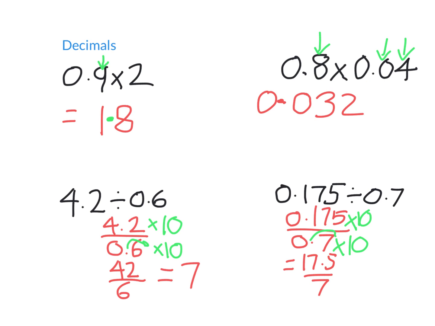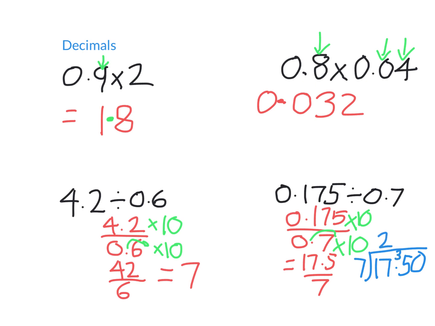So if you end up with a division like this and you don't know how to do it, we're going to use short division. 17.5 divided by 7 is saying how many times does 7 go into 17.5. We can add zeros at the end. It doesn't matter if we get the wrong number of zeros. So I go 7 into 1 doesn't go. 7 into 17 goes 2 times remainder 3.